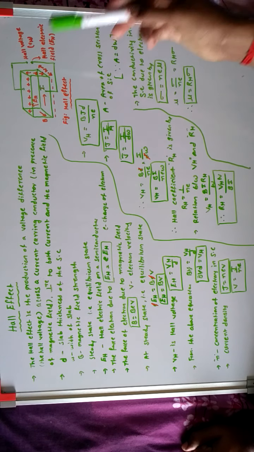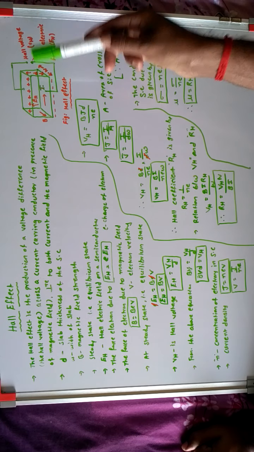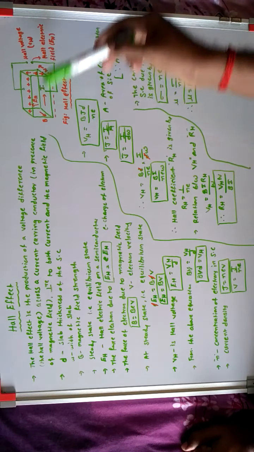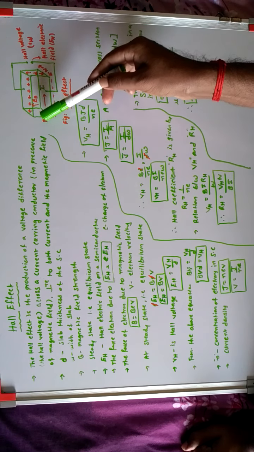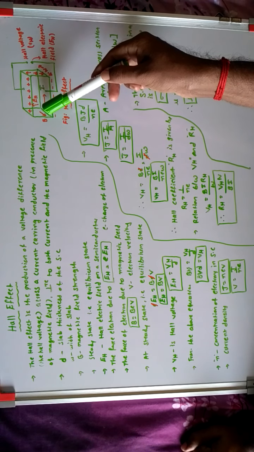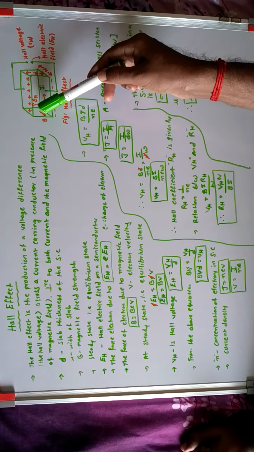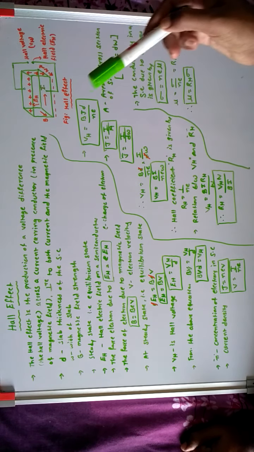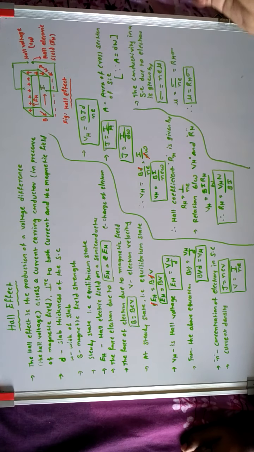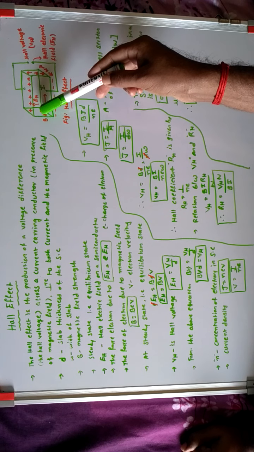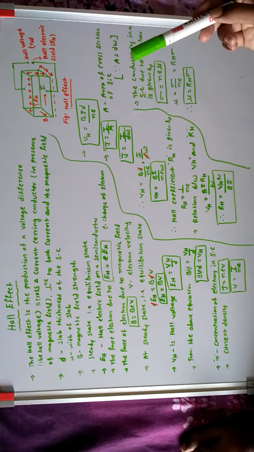In this diagram, d is the slab thickness of the semiconductor, W is the width of the slab, and B is the magnetic field strength in the y direction, and current is carried in the x direction.